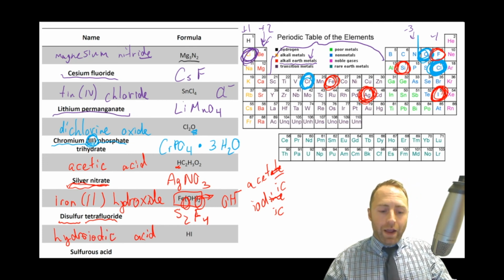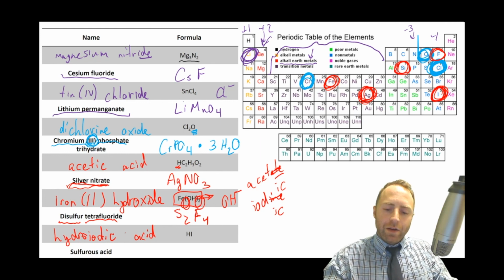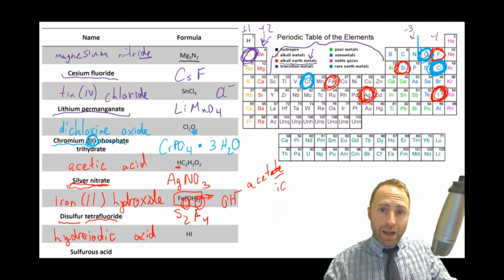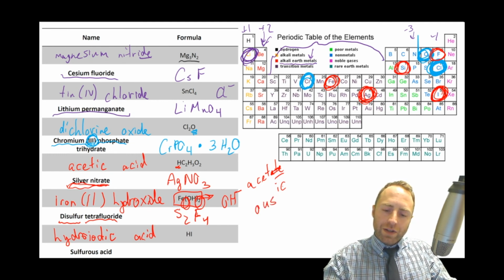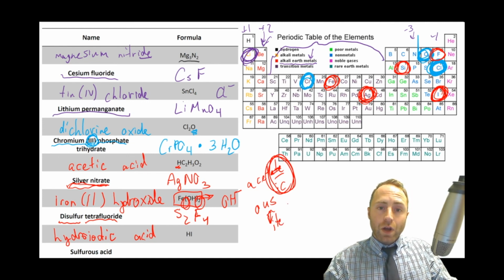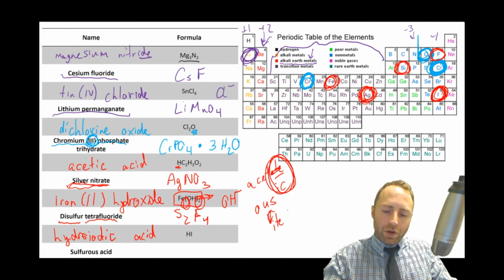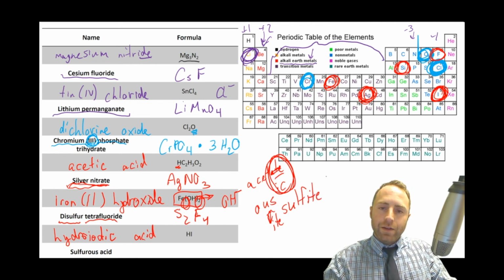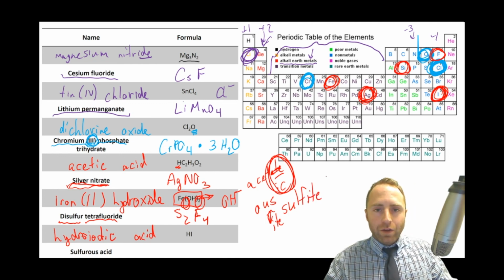Next, sulfurous acid. Okay, let's get some space here to write. That's sulfurous acid, so it ends in OUS. Just like how with acetate we had ATE going to ic, OUS is coming from the ending ITE. So we now have sulfite. Now I know you're saying, well, what about that U and that R in sulfurous?